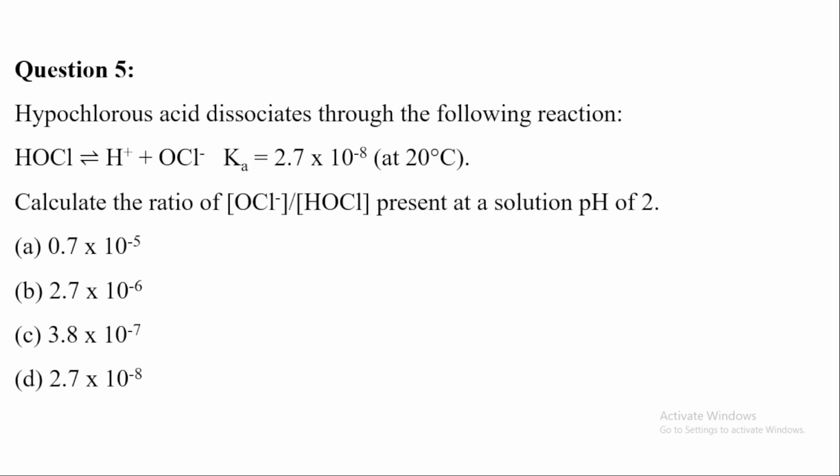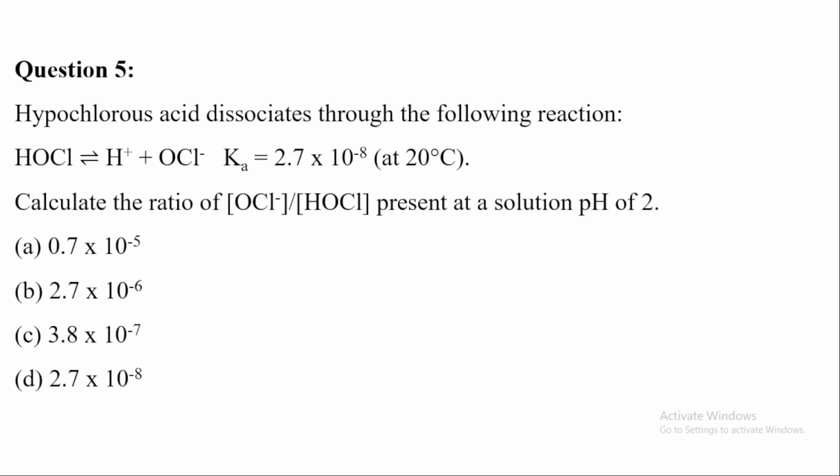What did they ask? Calculate the ratio of the concentration of OCl- divided by the concentration of HOCl at a solution pH of 2, and the pH is given.